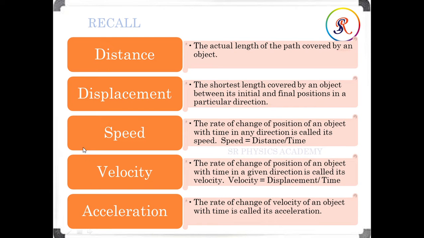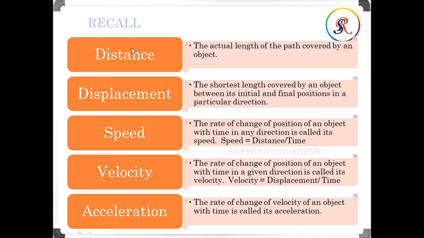Before that, first we should know what distance, displacement, speed, velocity and acceleration are. What is distance? The actual length of the path covered by an object. And displacement is the shortest length covered by an object between its initial and final position in a particular direction.